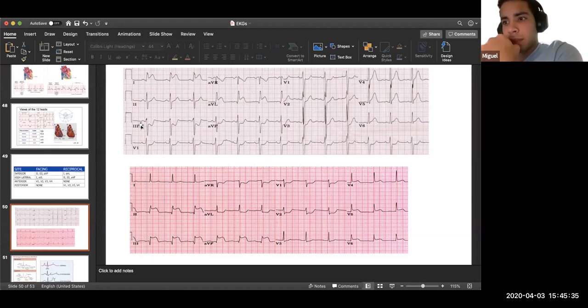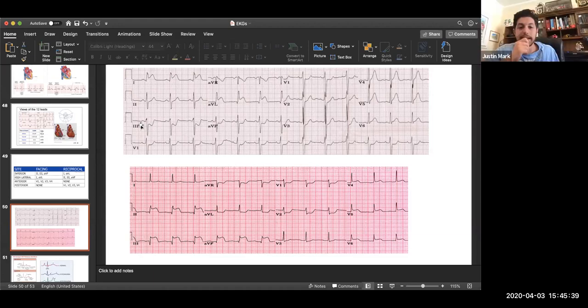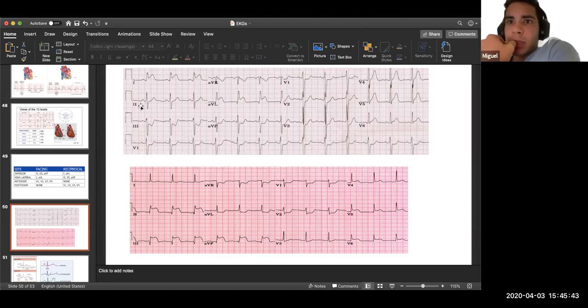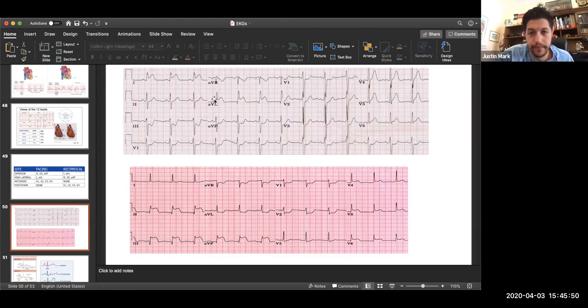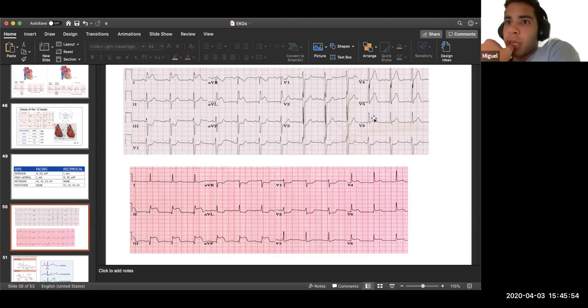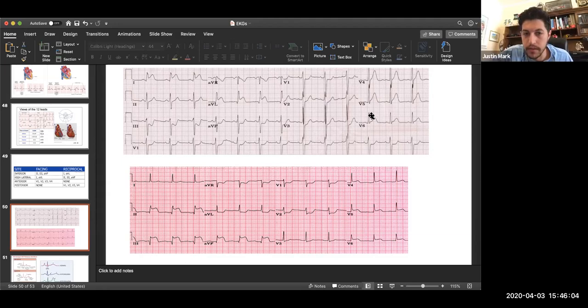Left side of the heart, so from the left circumflex. What leads? We see lead 1, we see the ST there. aVL as well. And also V5, V6. And then you see the opposite in aVF. You see depression, as well as aVR. I think 2 and 3 have depression too. Yeah. So that was good.